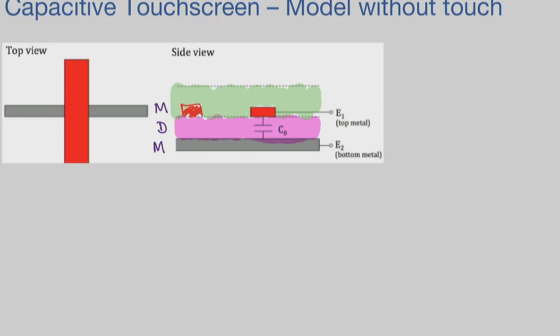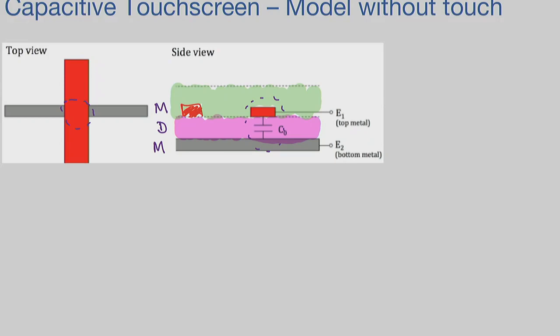And where they cross, you have this structure right here, okay? So here's looking from the top, as we typically look at the screen. And the side view is if you cut that part and you looked from the side, the cross section. Okay, so that seems pretty simple.